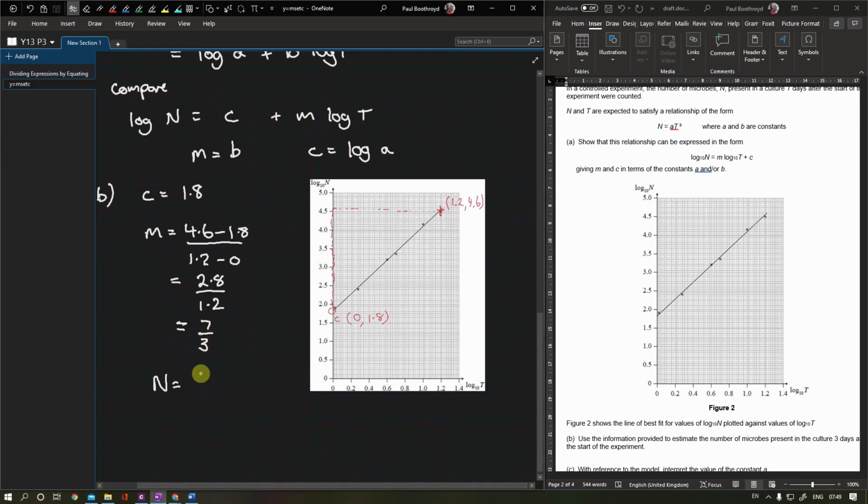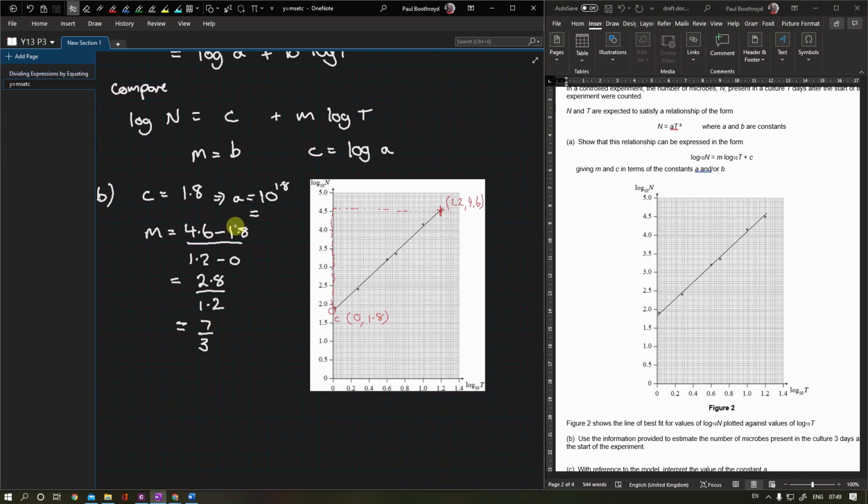So n equals little a. So a is c. Let's remove those two. So a equals 10 to the power of 1.8, and 10 to the power of 1.8 is 63.1.